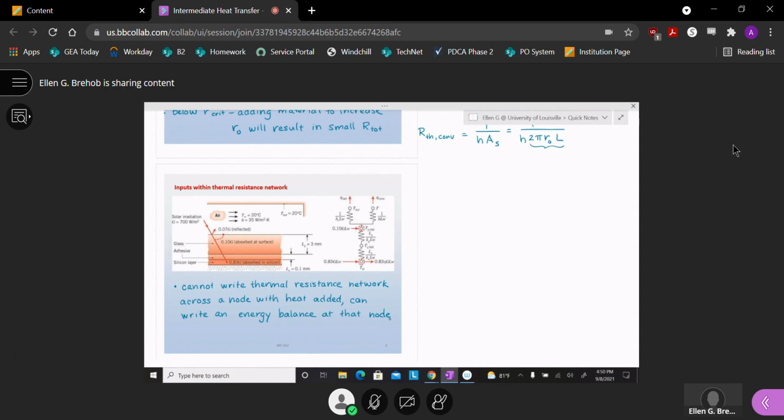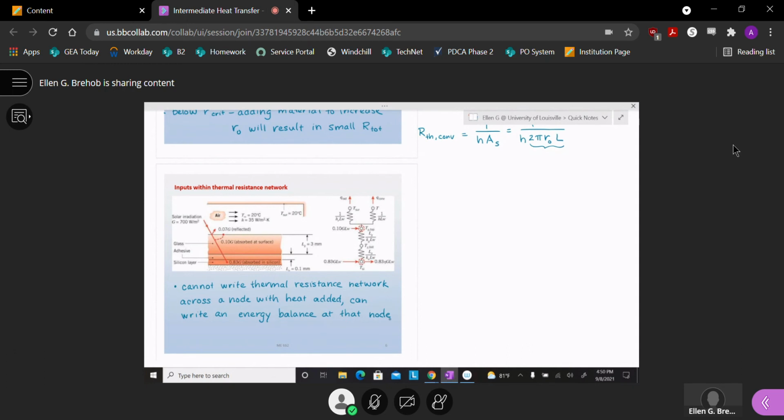We write resistance networks across the whole system, and we say we can't handle it if we had a heat addition. But there is this other little technique that may be used.